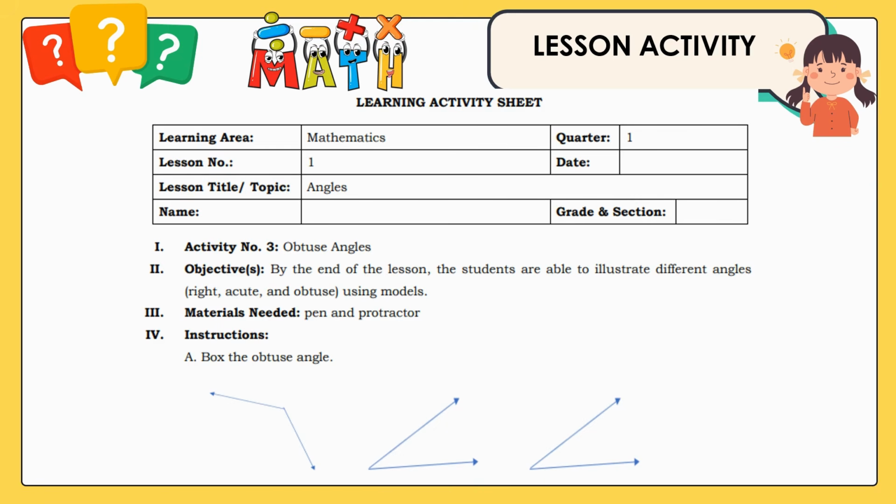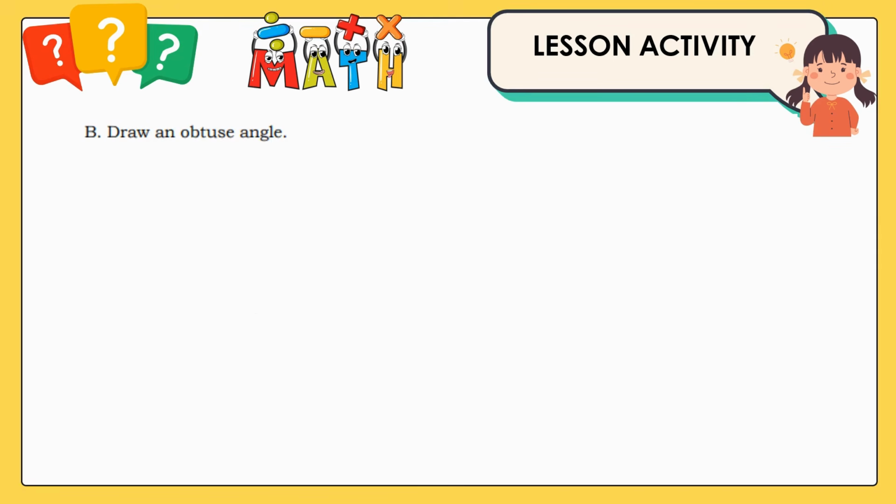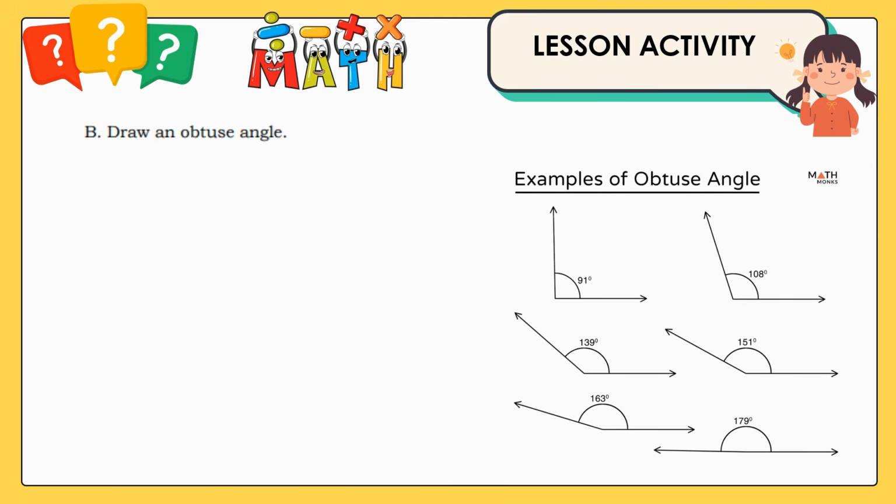For the instructions: A. Box the obtuse angle. For letter B, draw an obtuse angle. Here are the examples of obtuse angles. Write your answer in your notebook.